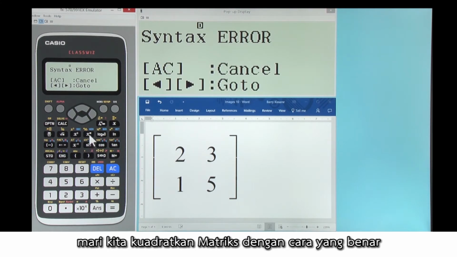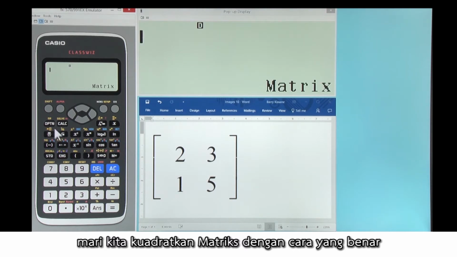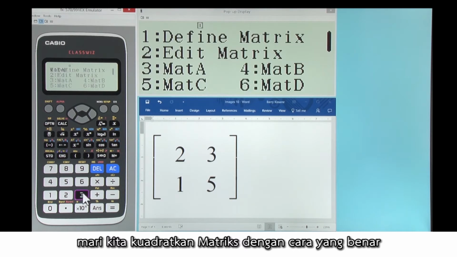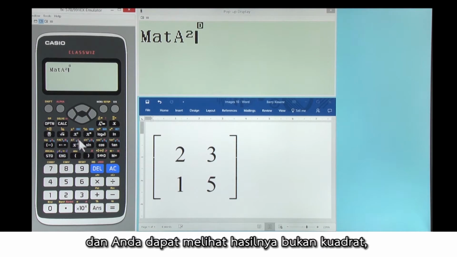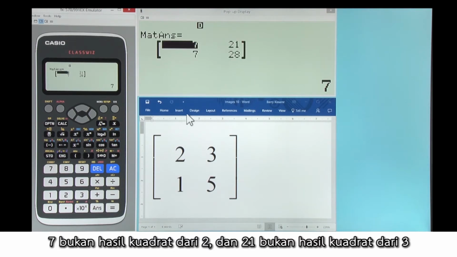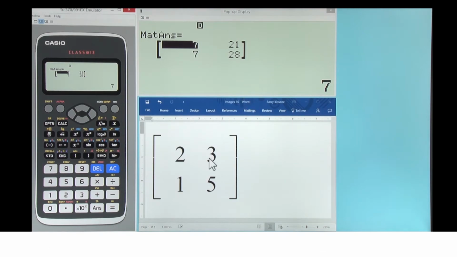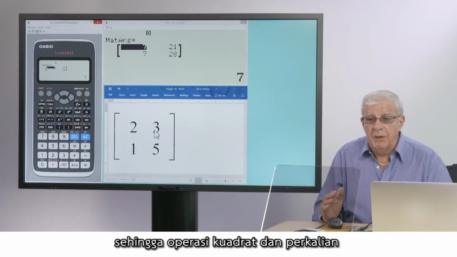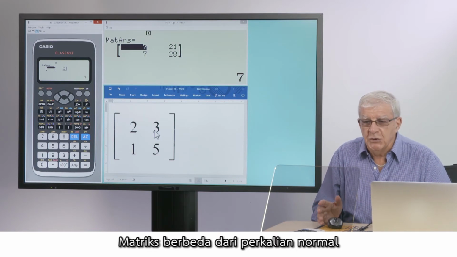Let's go back to squaring the matrix the correct way, and you can notice the result is not the square. 7 is not the square of 2, and 21 is not the square of 3. So the squaring operation in matrix multiplication works differently from normal multiplication.